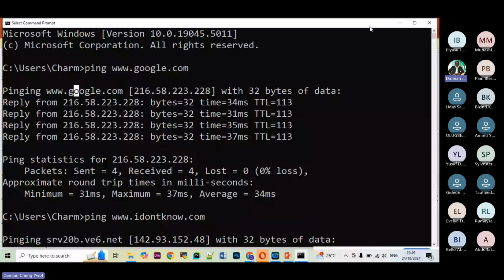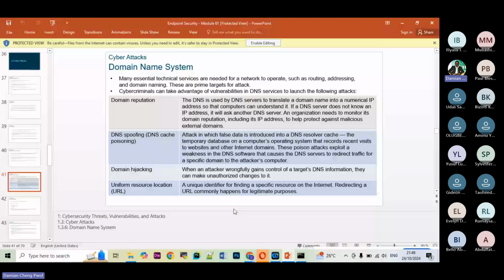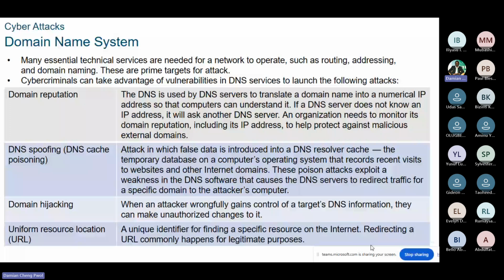Don't worry, in the next 10 minutes we will be done. So that's spoofing: somebody who hijacked the address or the IP address and takes advantage of it.